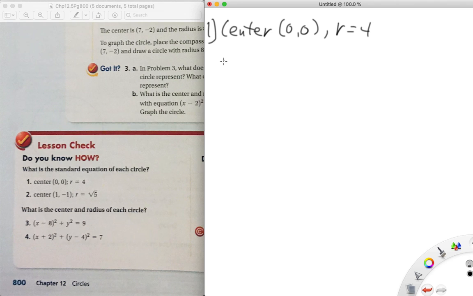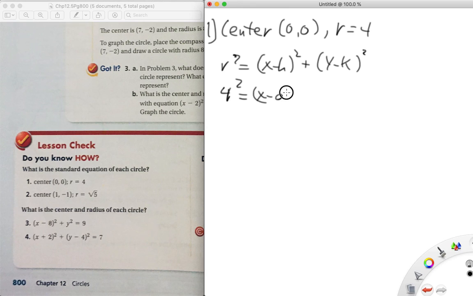So this is going to be r squared equals x minus h squared plus y minus k squared. So h and k are both 0, and r is 4, so it's going to be 4 squared equals x minus 0 squared plus y minus 0 squared.